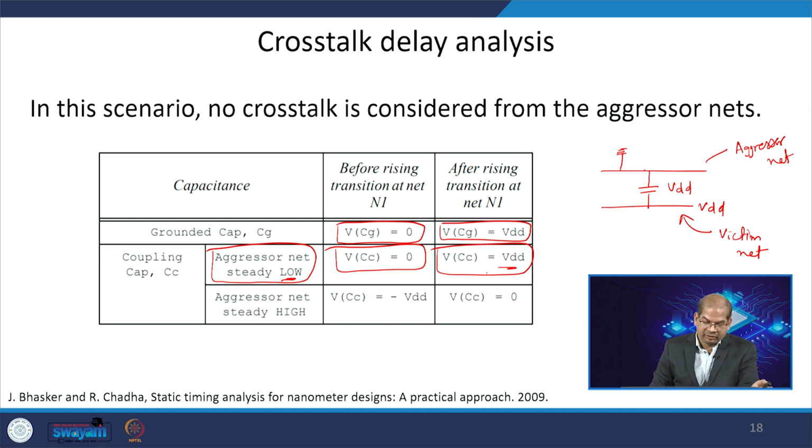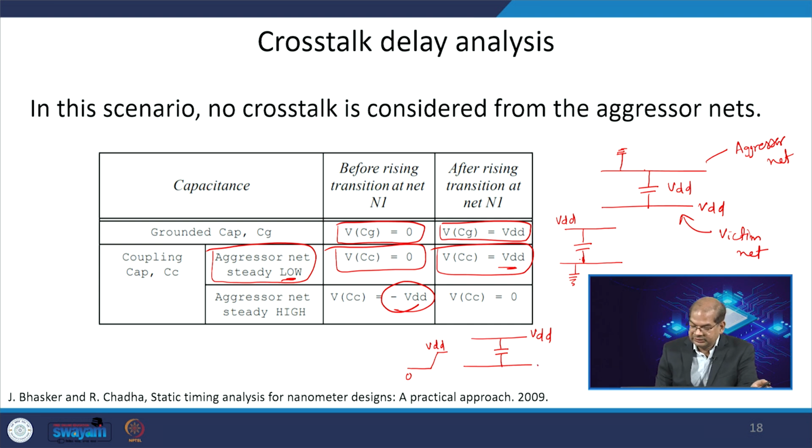But when your aggressor net is high, so the aggressor net is VDD and your victim net before charging was 0, in this case this capacitor will be minus VDD. After charging, one side is VDD because your victim net is changing from 0 to VDD, and the other side is also VDD.